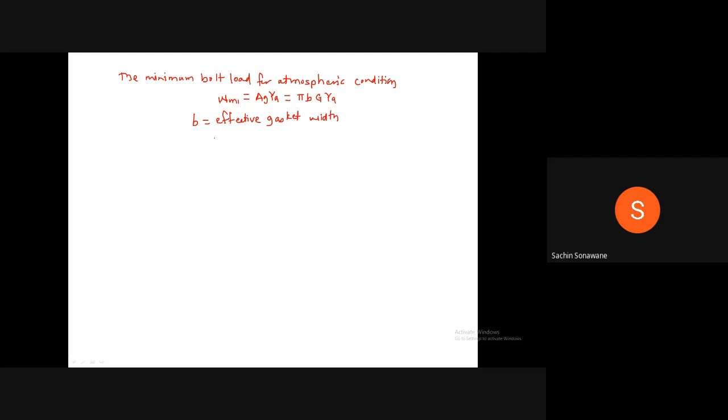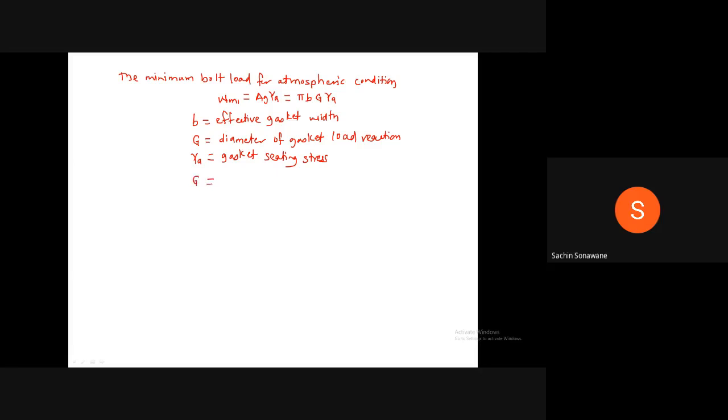Capital G is equal to diameter of gasket load reaction. Ya is equal to gasket seating stress.